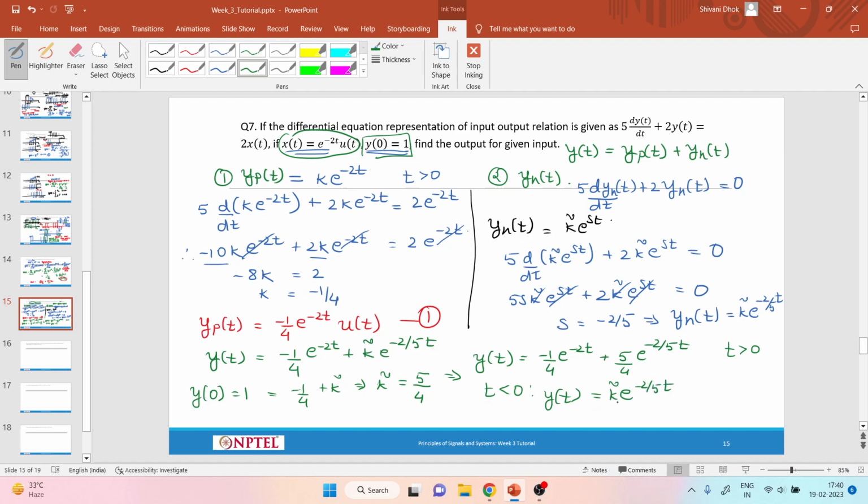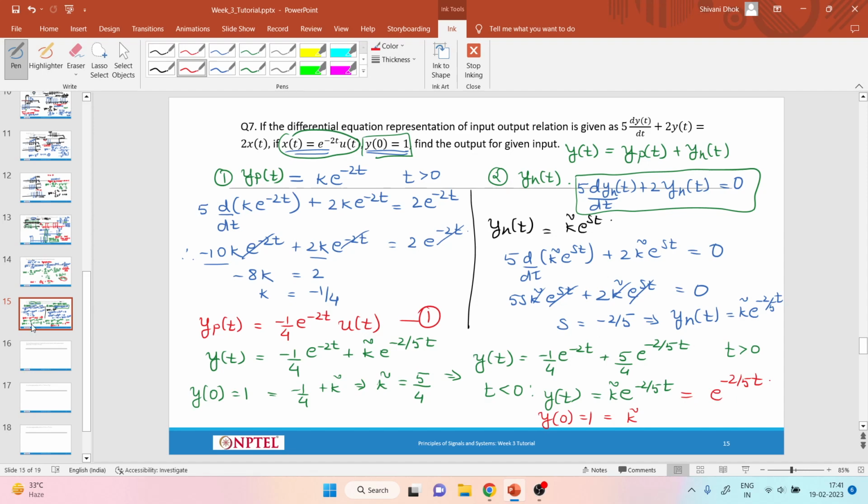Only the homogeneous solution will exist because the entire differential equation reduces to this form. In that situation, if I try to find this k tilde, y of 0 is equal to 1, which is k tilde into 1. So my k tilde value comes out to be 1, and y of t will be e^(-2/5 t).